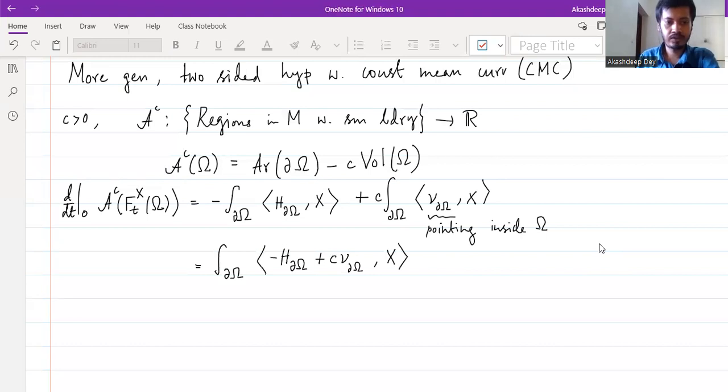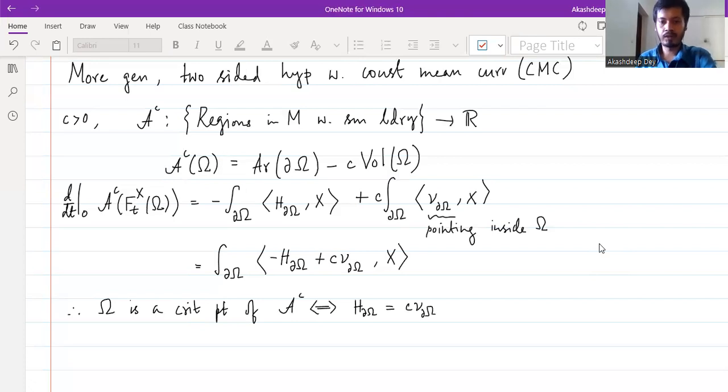Therefore, from this first variation formula, we can see that omega is a critical point of the A^c functional if and only if d/dt at 0 of A^c(F_X^t(omega)) is 0 for all vector fields X. And this happens if and only if the mean curvature vector of the boundary of omega is equal to c times nu.